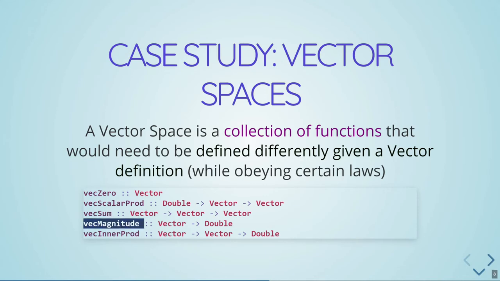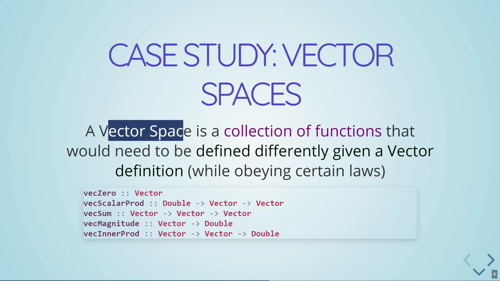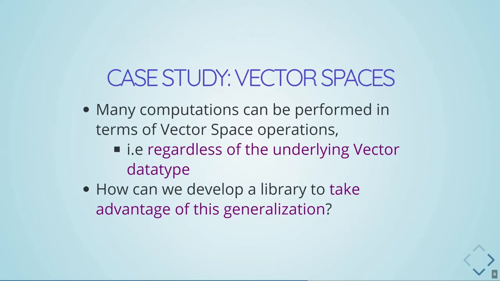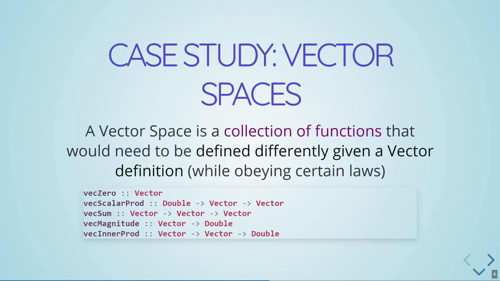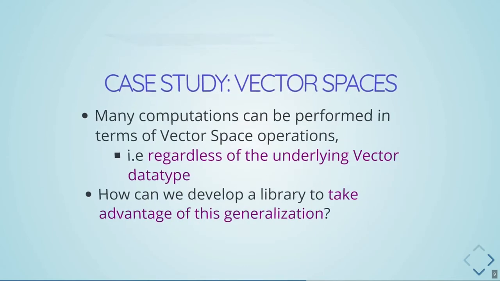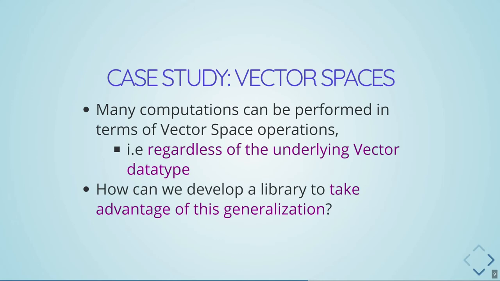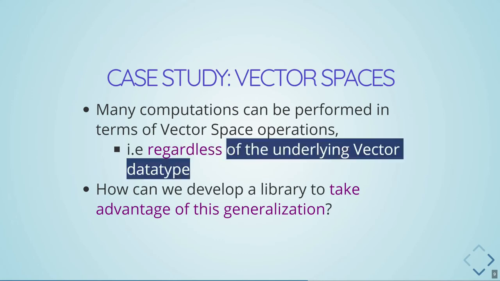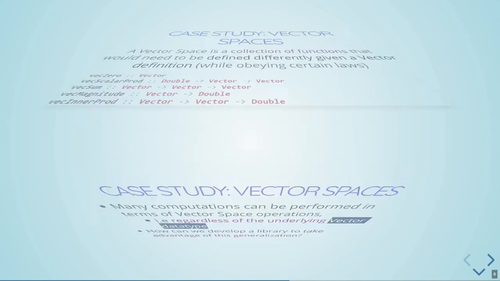There'd be some way to take a magnitude, and this is actually not part of a vector space in general usually, but generally vector spaces also have an inner product space. They have this idea of an inner product operation. So the trick here to realize is that if we have these functions here, then many computations can be implemented regardless of the underlying vector type, just using these functions.